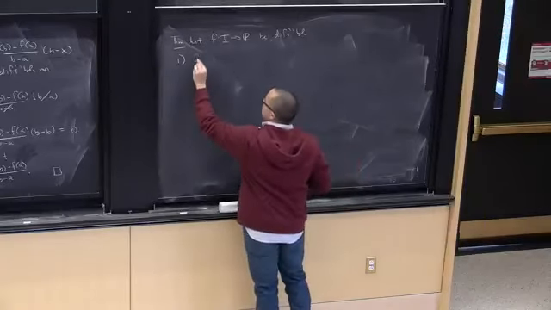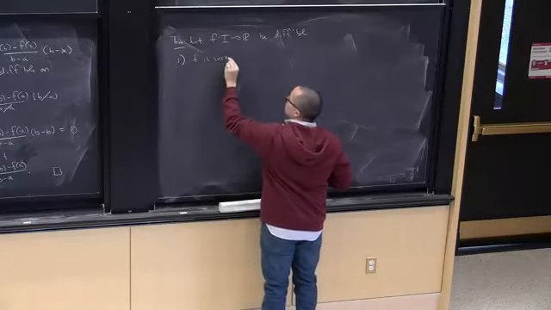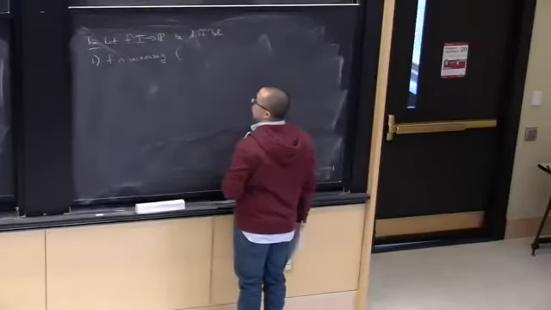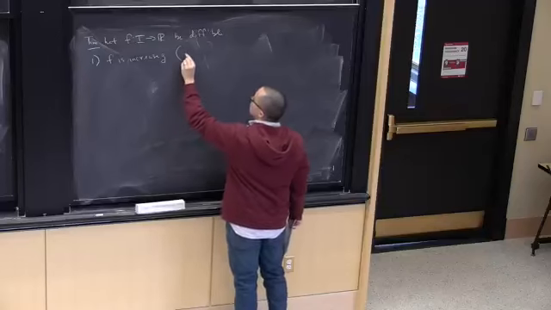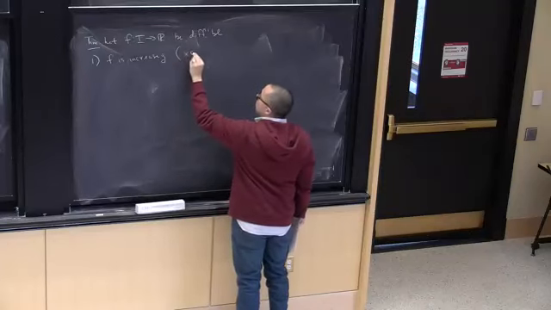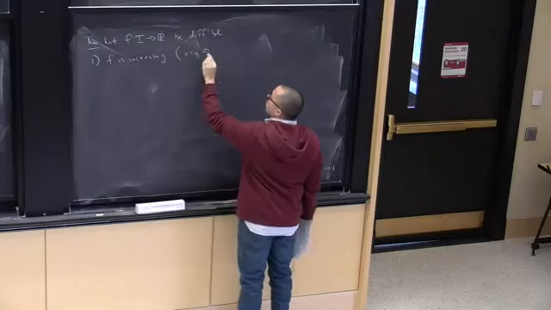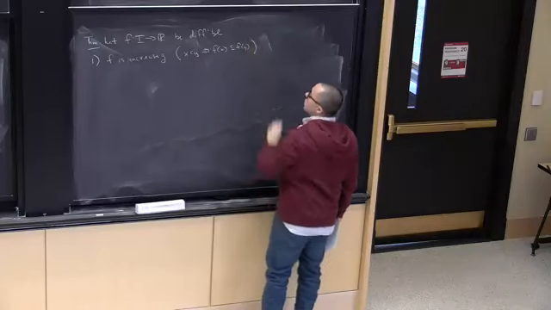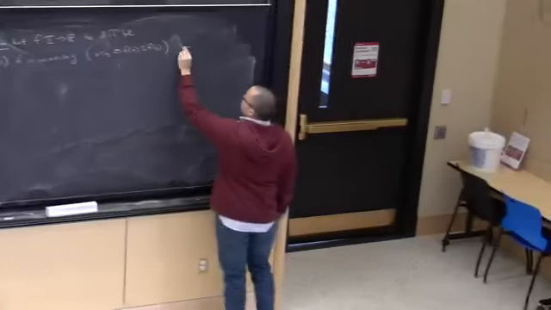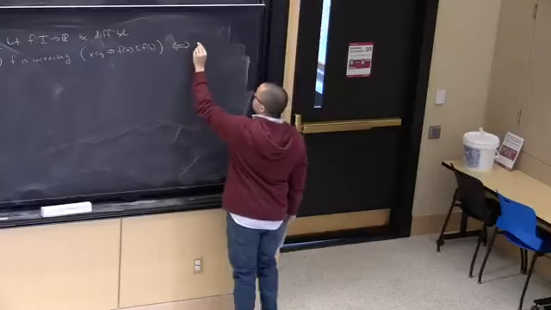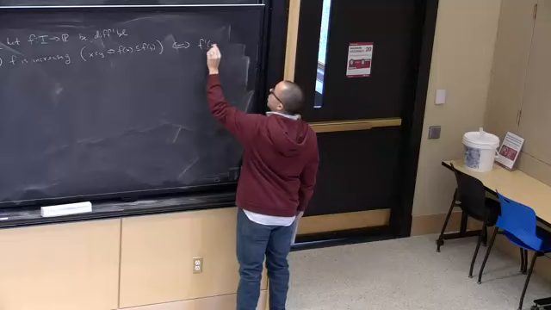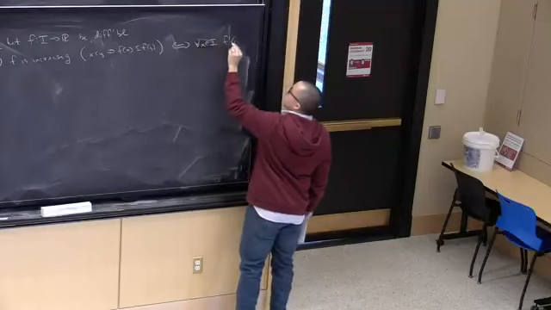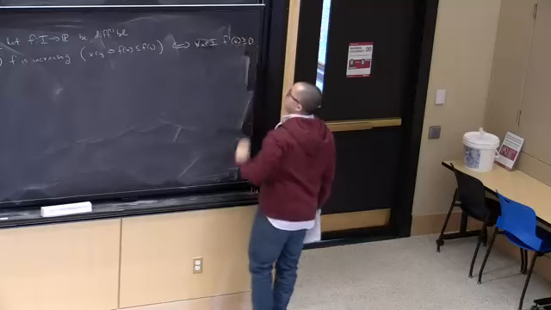f is increasing, meaning, let me recall what that means: if x is less than y, this implies f of x is less than or equal to f of y. This is equivalent to: for all x in I, f prime of x is bigger than or equal to 0.